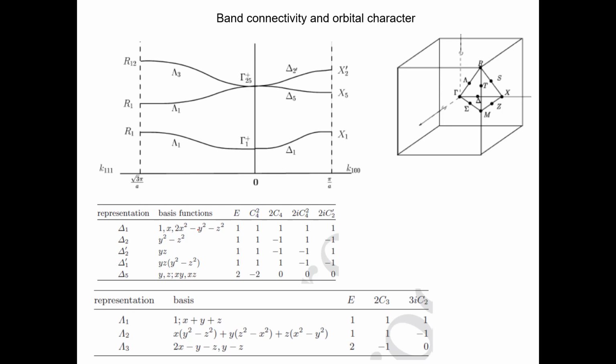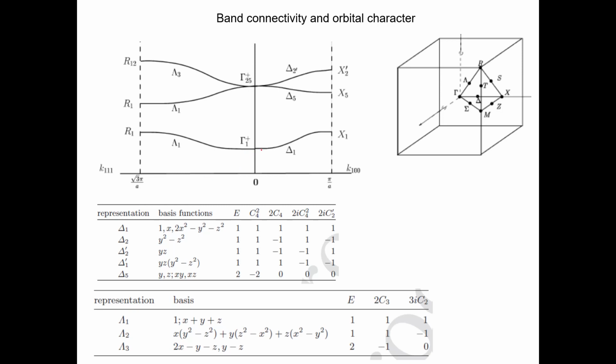For instance, look at this band structure, a hypothetical band structure in a simple cubic crystal. We see here there is a gamma 1 plus state, and we know that gamma 1 plus is a completely symmetric structure. So most likely this is an S state.